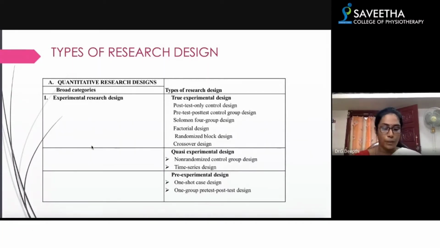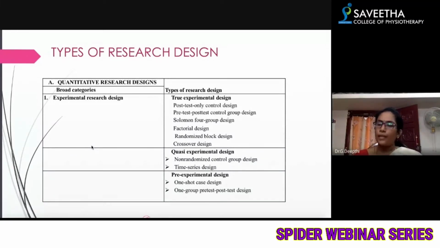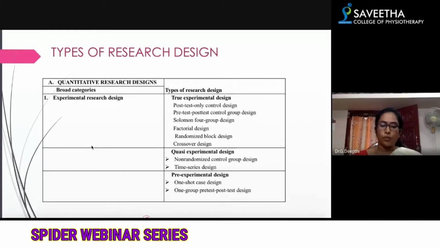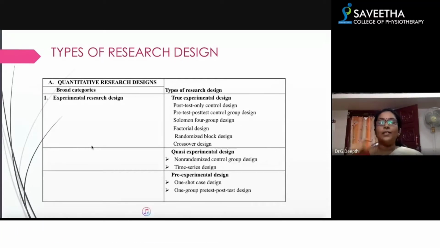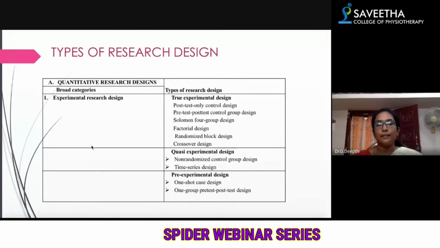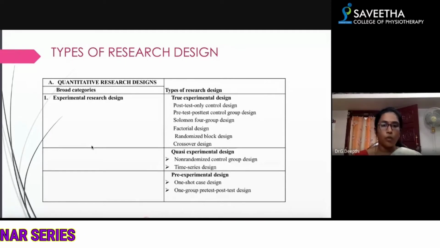That is your manipulation. Then coming to the control, you must have a control group. Then randomization: the subjects need to be selected randomly. These three things need to be satisfied when you call the research design a true experimental design.